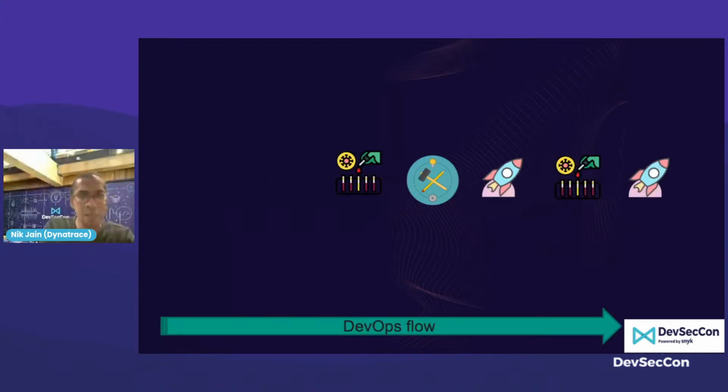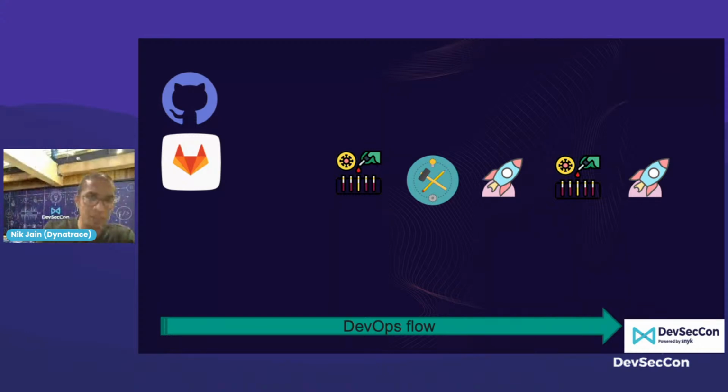Now, I like details. So as this next step, we're going to go into second level details and unpack what that single arrow that represents the DevOps flow means in terms of steps and stages. So you've got developers on the left side, and those developers might be using GitHub or GitLab as a way to manage their source code and share it uniformly across the organization or whoever needs to use that source code.